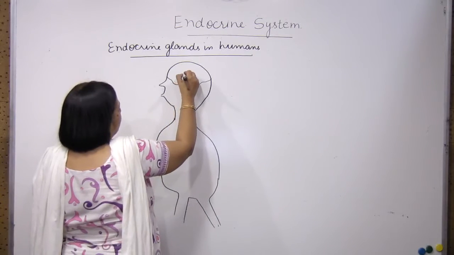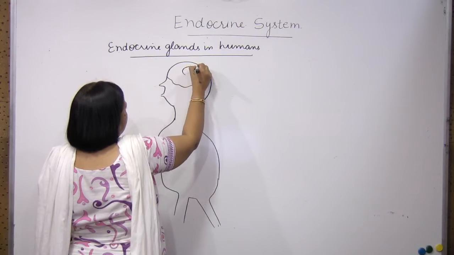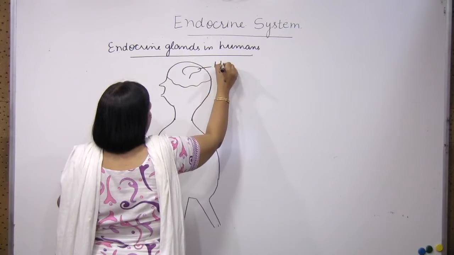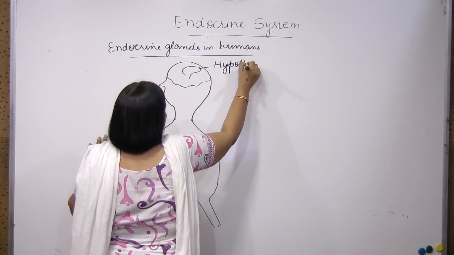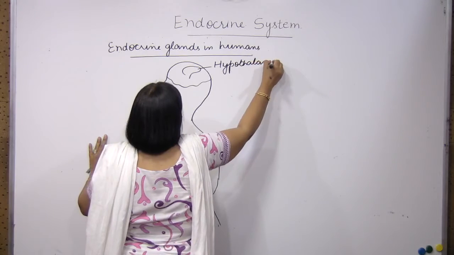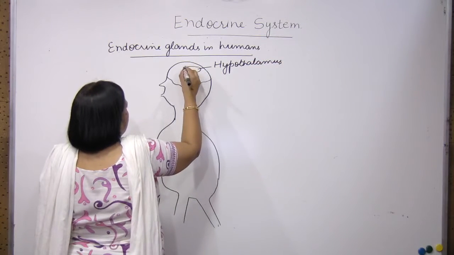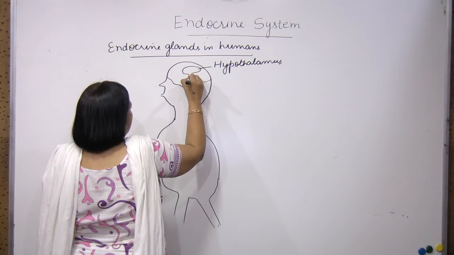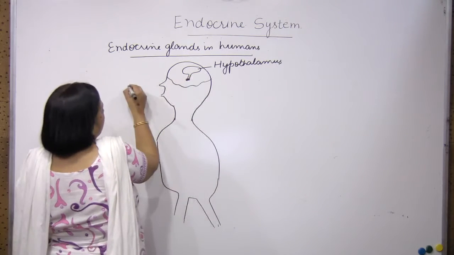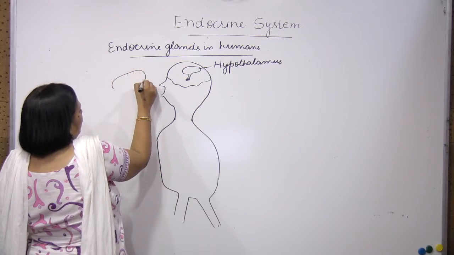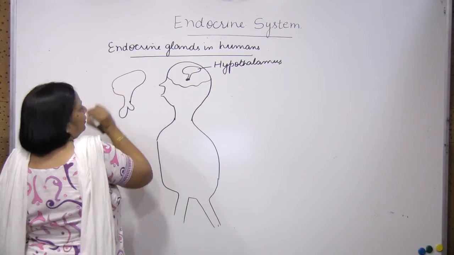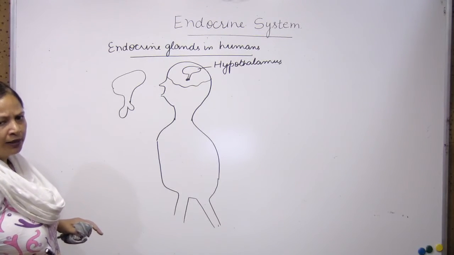In the brain, this is the hypothalamus. It is joined to the pituitary gland, which I am drawing in a magnified way, but the pituitary gland is the smallest gland.